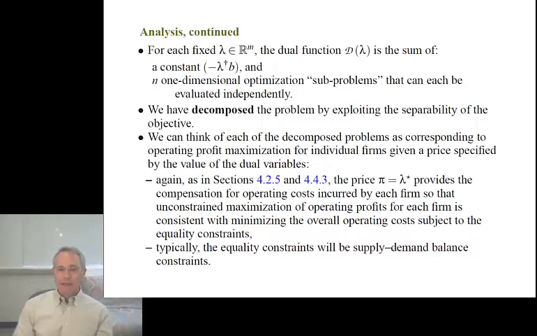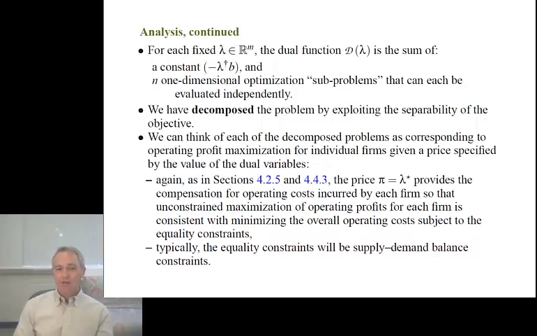And what we'll see is that by choosing a value of price equal to the Lagrange multiplier, that price sets the compensation for operating costs in just such a way that the operating costs incurred by each firm is balanced by the revenue in the right way to make maximizing profit consistent with minimizing the overall cost subject to the equality constraints.